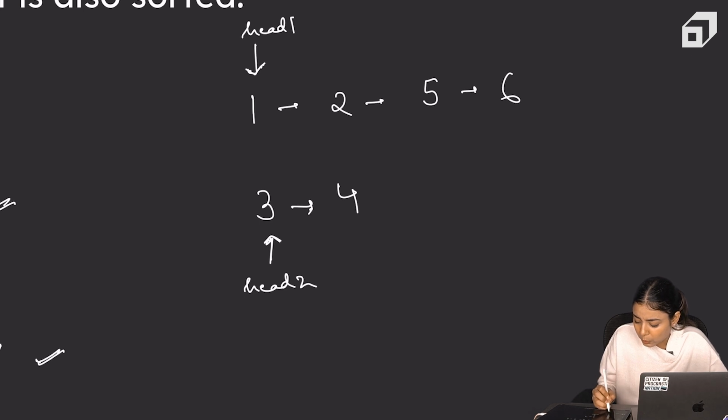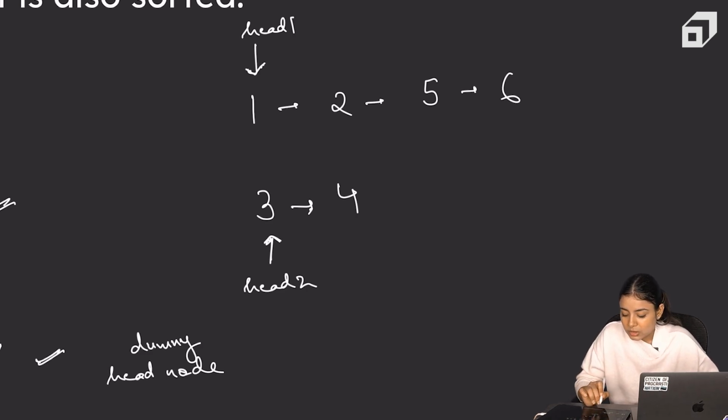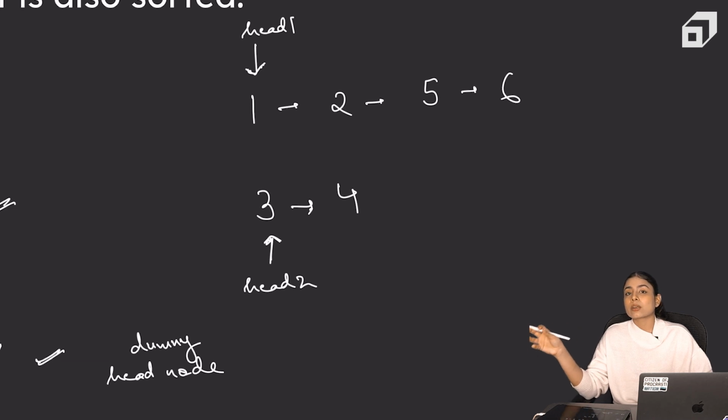So to do that, let's first take a dummy head node, with some random value like -1 or 1000 or something. In front of this dummy head node will actually start our combined linked list.